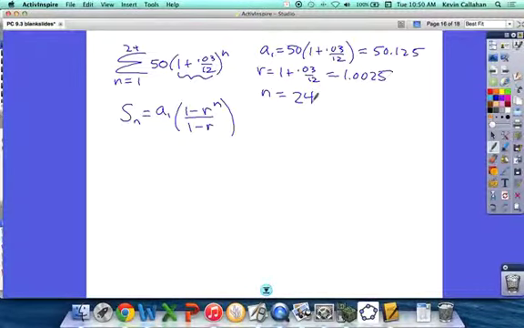Okay, so that's everything we need. Plug it in. S24 equals 50.125 times (1 minus 1.0025 raised to the 24) divided by (1 minus 1.0025).